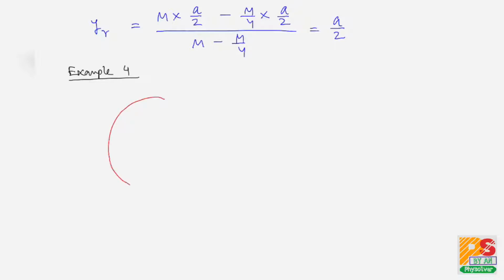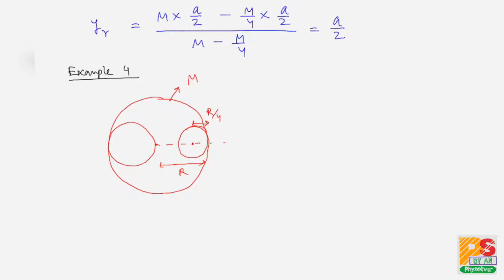Suppose this is a uniform disk of total mass say m and radius say r, and from this disk two disks are removed like this. See, for this disk the radius is r, so for this disk the radius will be r by 4. I hope you understand. And for this disk the radius is r by 2.